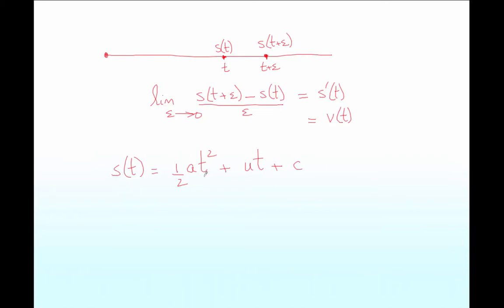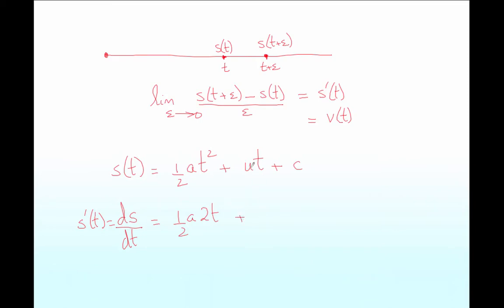And now with this formula, we can easily work out what is the derivative ds by dt, or what we could call s prime of t, and that is half a. When you differentiate t squared, you get 2t.